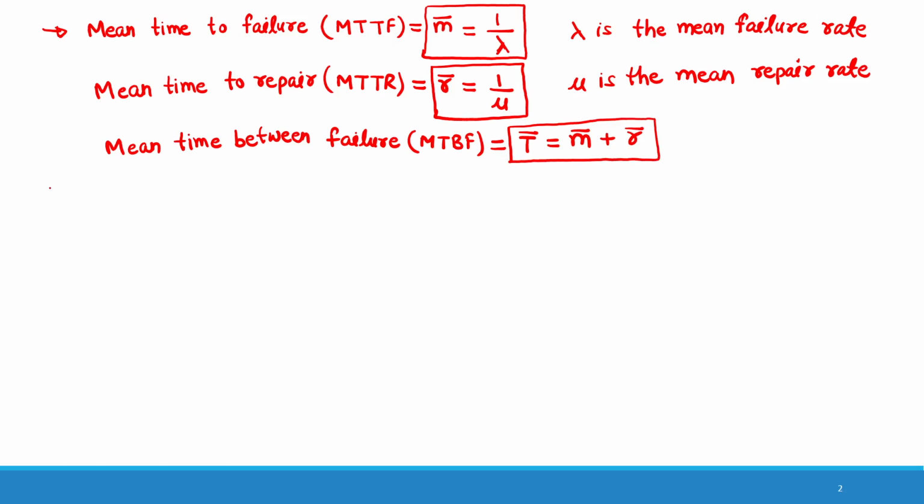So let us see first the repairable components in series.